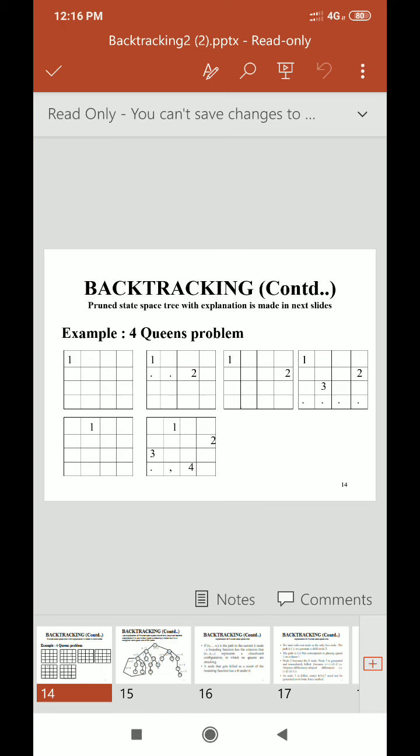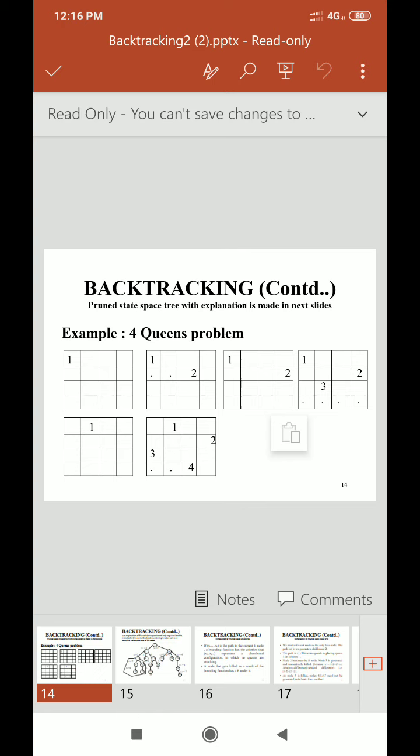And there are some situations in chess when a pawn reaches the last cell of the chessboard, then it becomes a queen. So if you have an 8 cross 8 chessboard, then you may have 8 queens at a time on a chessboard, or 9 queens at a time on one side.